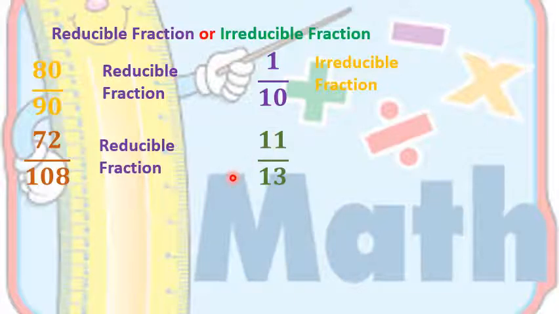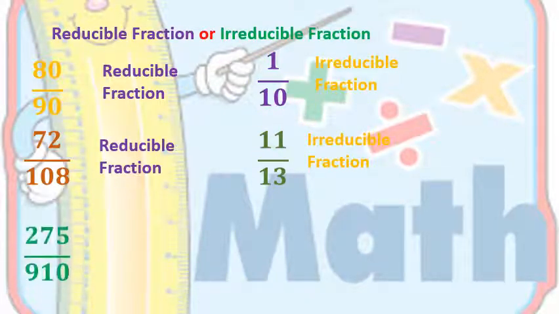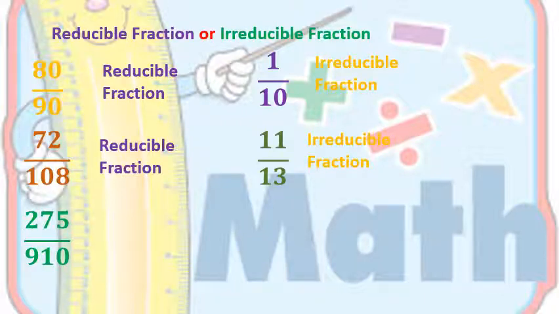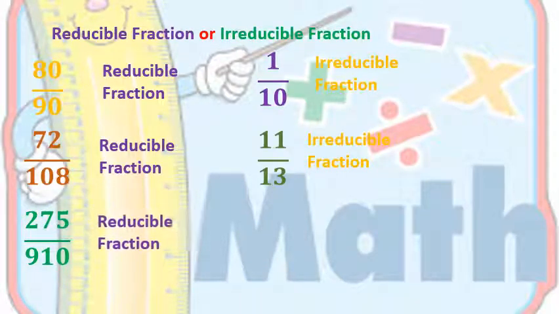I cannot simplify it, I cannot reduce it. That's why it's an irreducible fraction. Again, over here, this number ends with a 5, and this number ends with a 0. So this can be simplified by 5. So this is a reducible fraction.